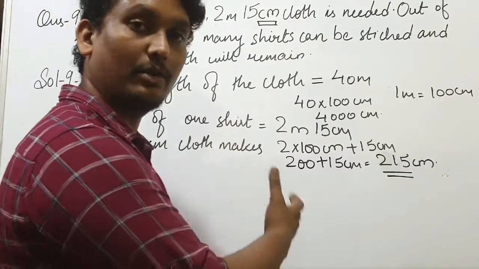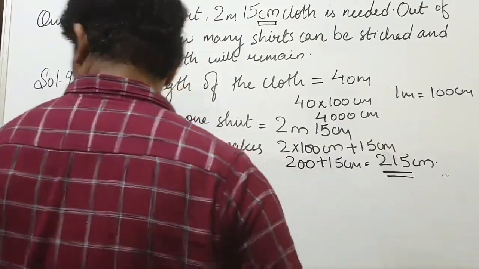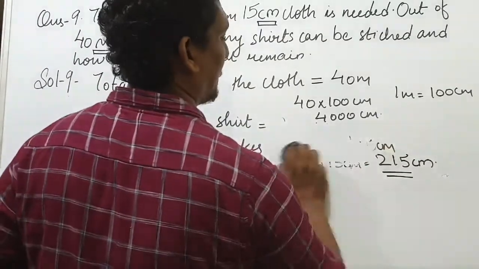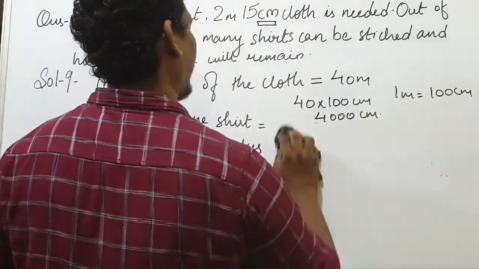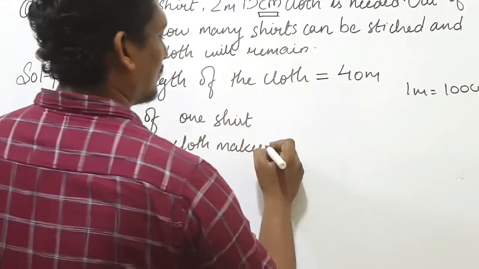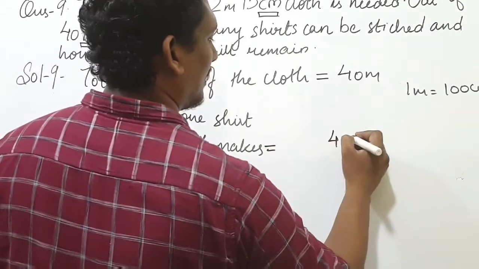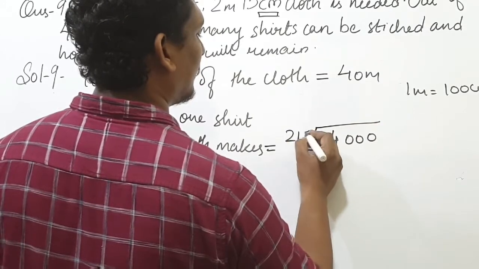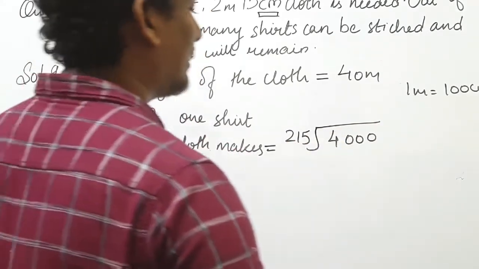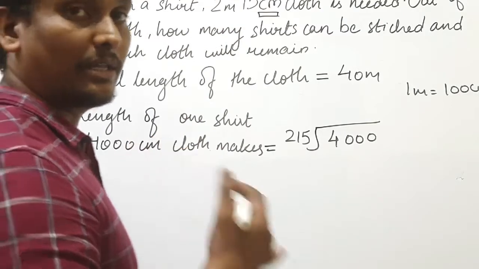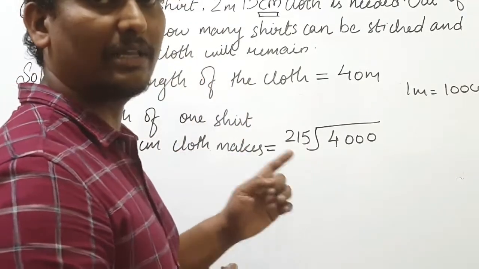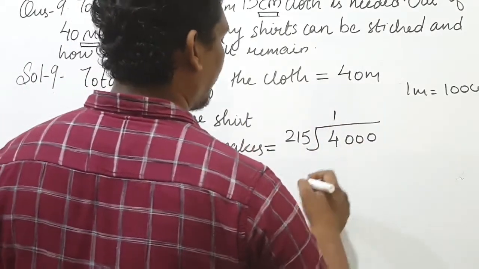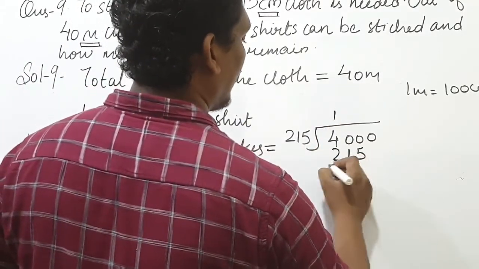so here I have to do the calculation, so I am rubbing this. Okay, so here I am doing the calculation. 4000 divided by 215. Yes, you have to do the division like this, then only you will get the answer and the remaining cloth. Okay, so take it as 1s are 215.